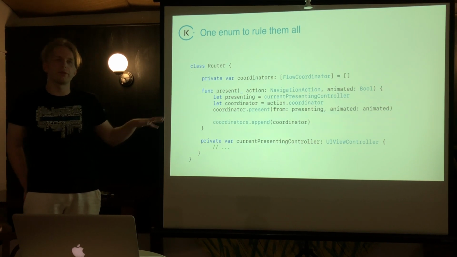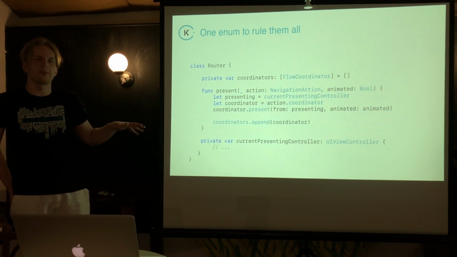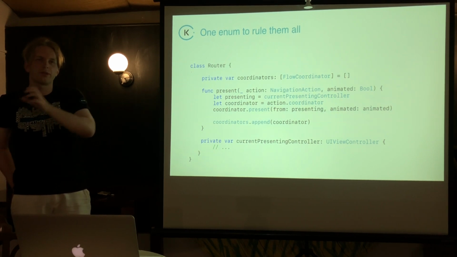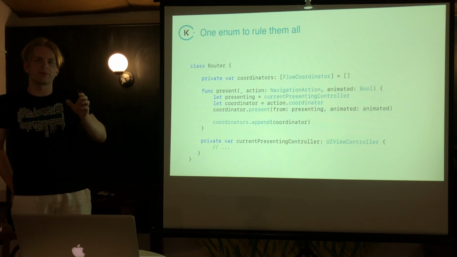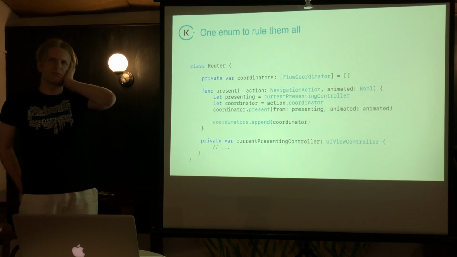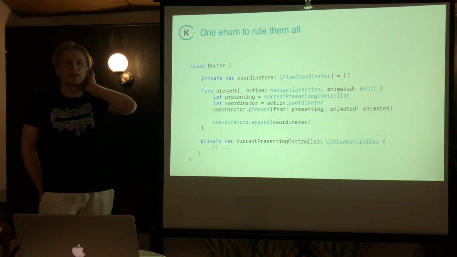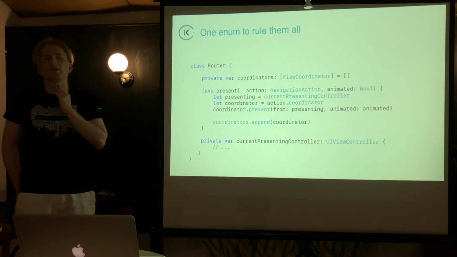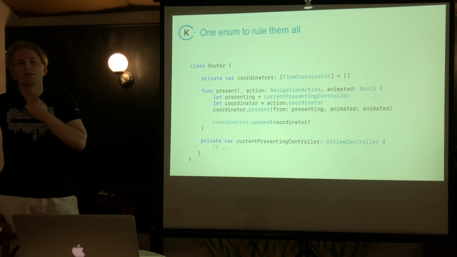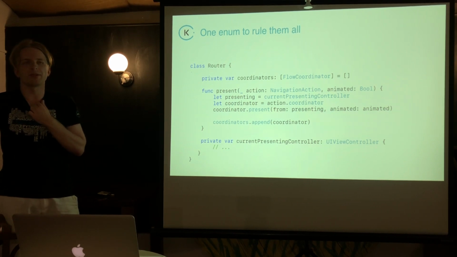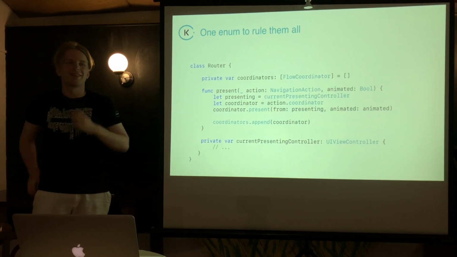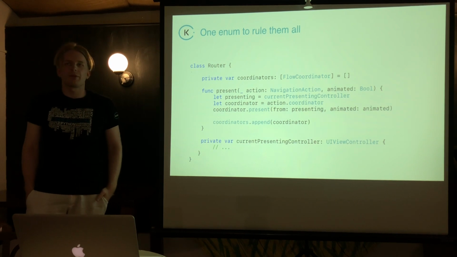Deeplinks are resolved before you even get to the coordinator. I mean, you get the URL, you create an action from it, and the action already knows which coordinator to call. I'm not sure that applies. Okay, bad example, but I think that some part of logic could be shared theoretically. Sure, well, we can subclass, I suppose. Yeah, if you do subclassing, then it's fine.